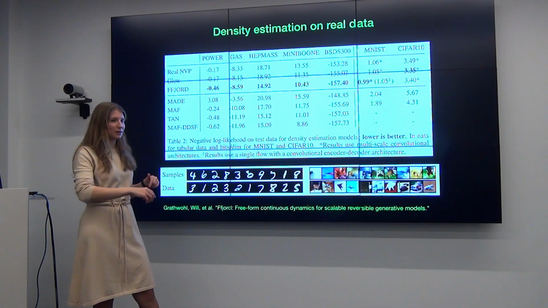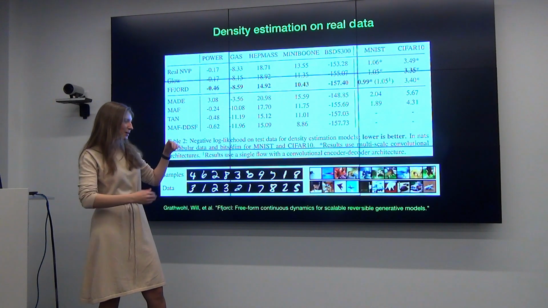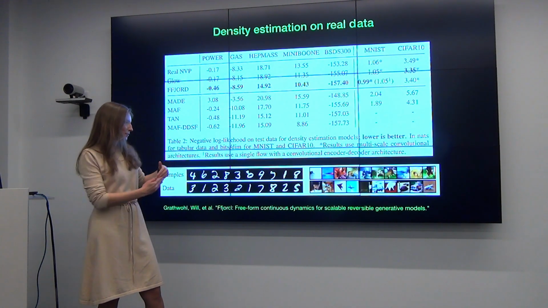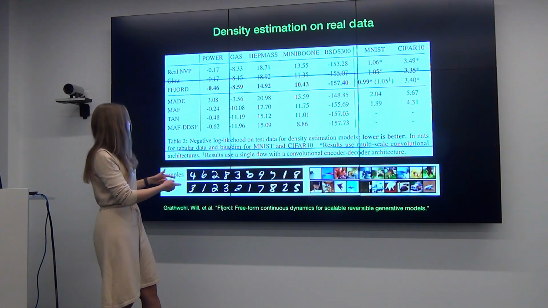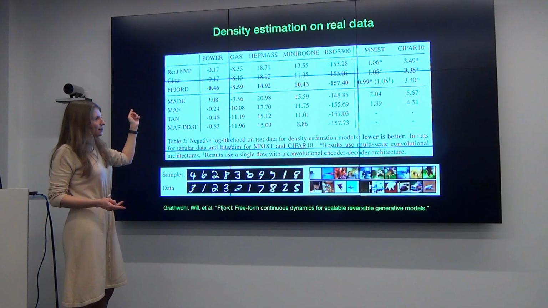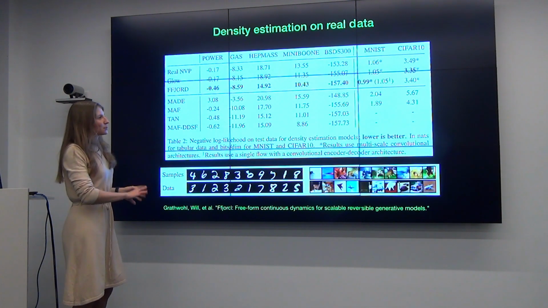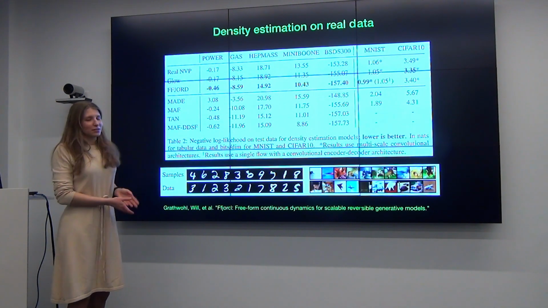It was before FFJORD. After that, they get a flattened vector and pass it through FFJORD. And here, I don't remember how many layers they have. There's something fully connected and some Lipschitz activations.